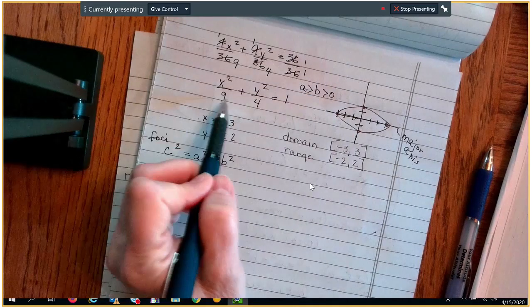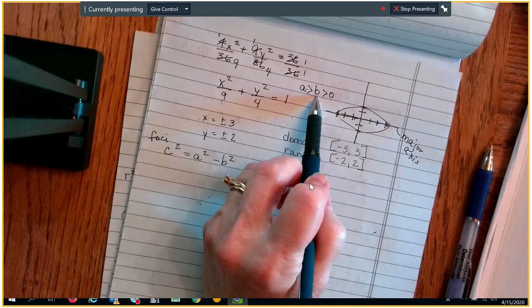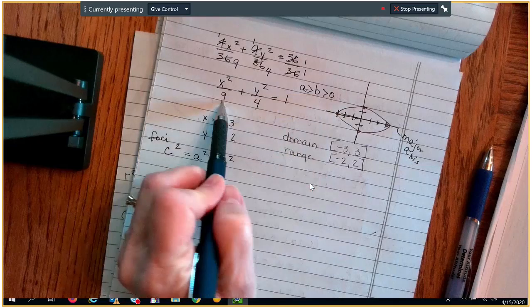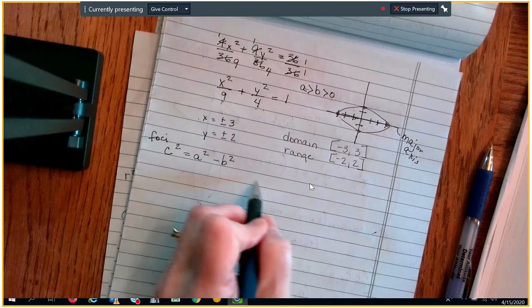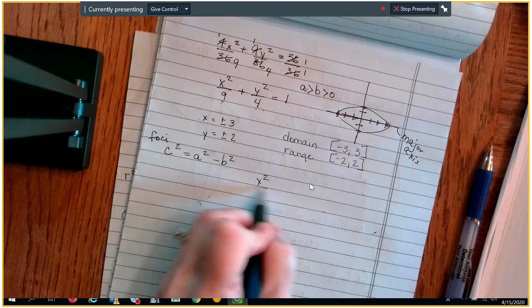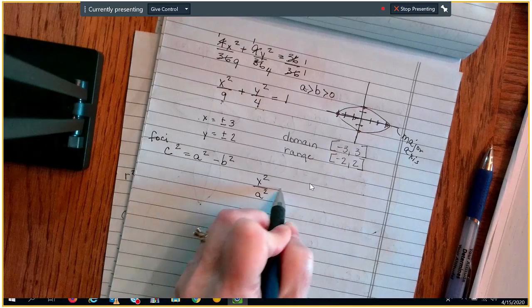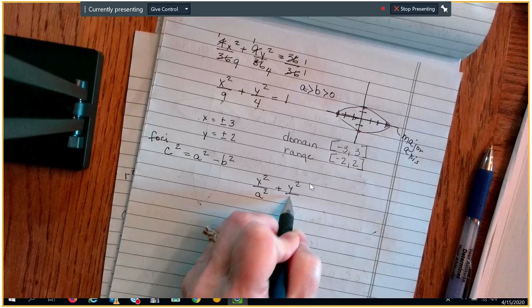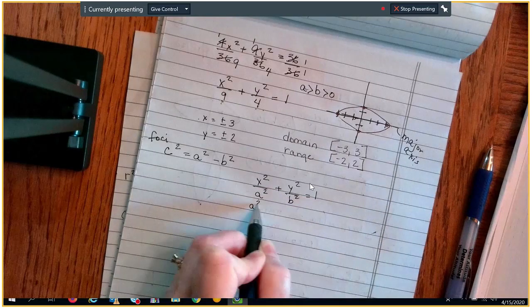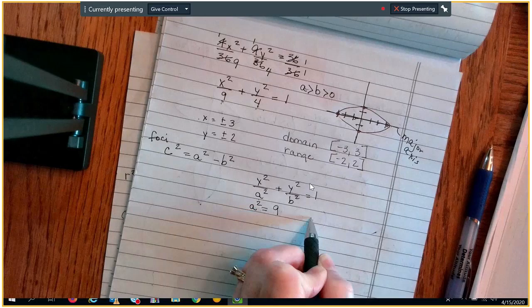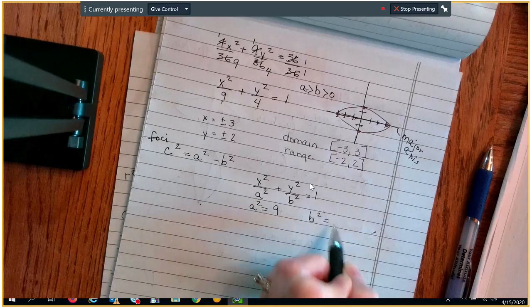So since 9 is greater than 4, this is going to be my a squared, and this will be my b squared. So x squared over a squared plus y squared over b squared is going to equal 1. And in this case, a squared equals 9, and b squared equals 4.